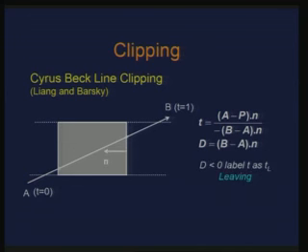Similarly, I have t for which D is negative, less than 0, then I label this t as T l, and here L is referring to leaving. So, here is the situation which I am trying to illustrate. Here you have this edge.